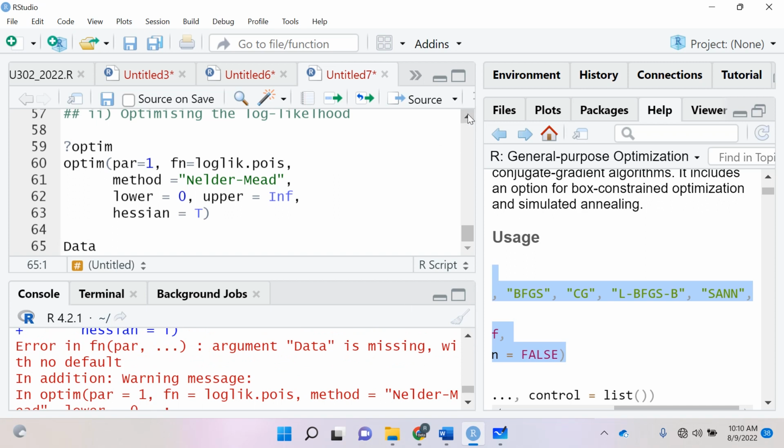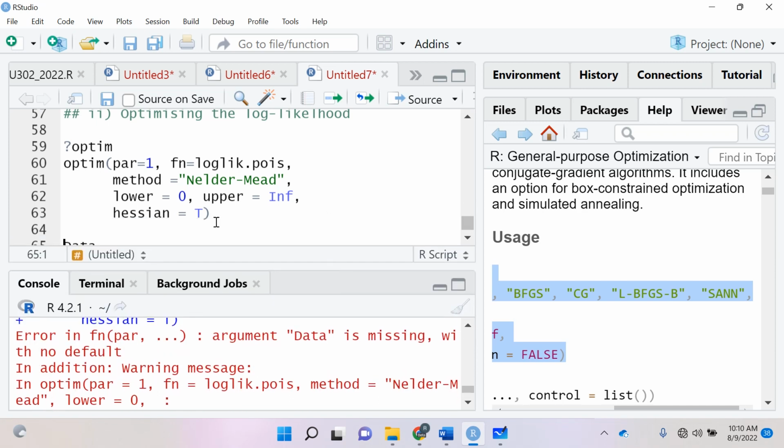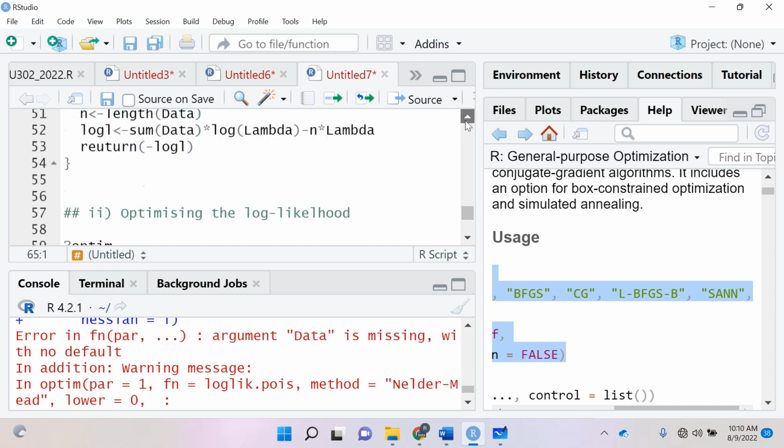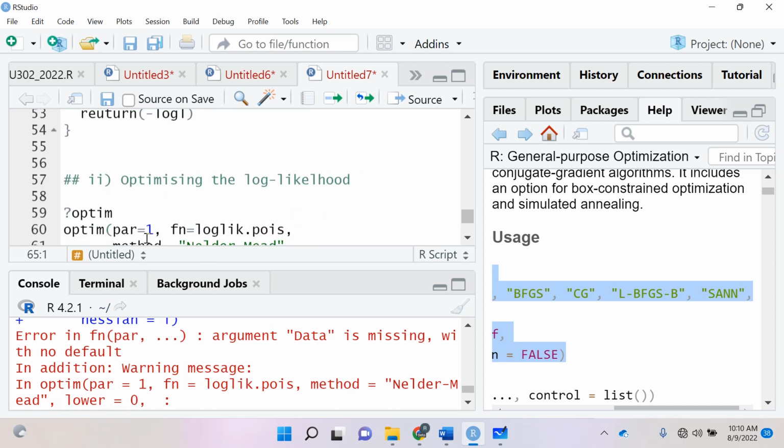Okay, so look at what is happening. So each of these you learn from it. So I commit errors and then we see. Remember, we are calling the likelihood Poisson. If I go to that function, it needs 2 arguments, lambda and data. So here, the par is assumed to be the lambda, but the data is not there.